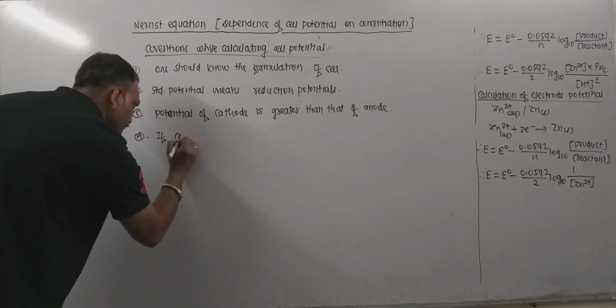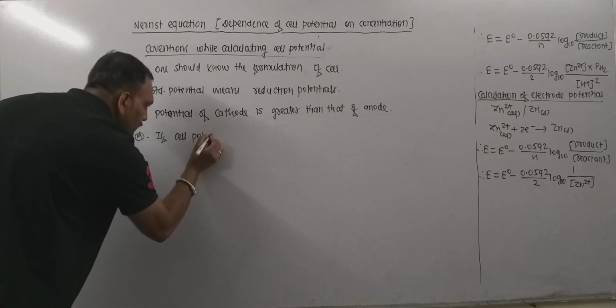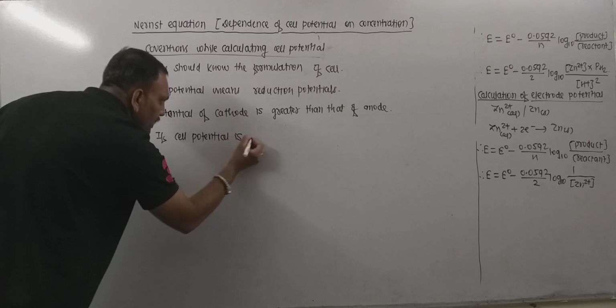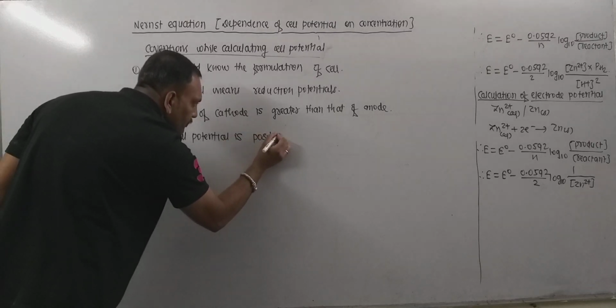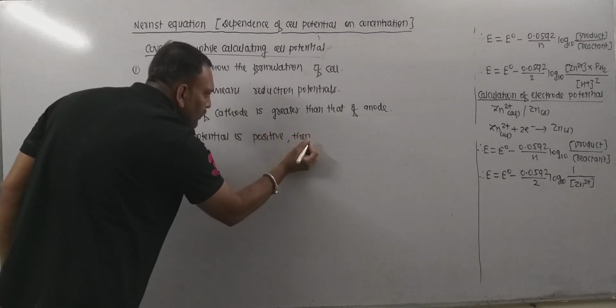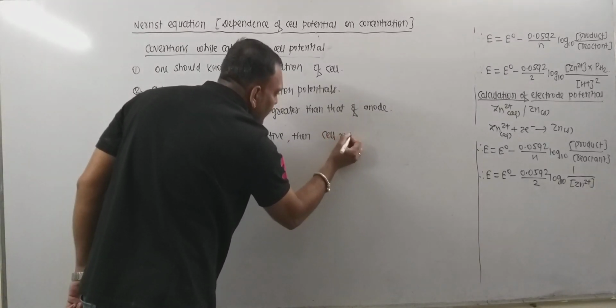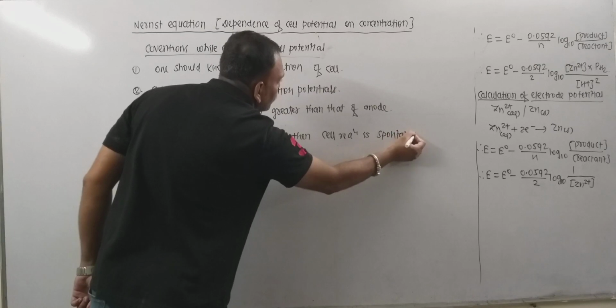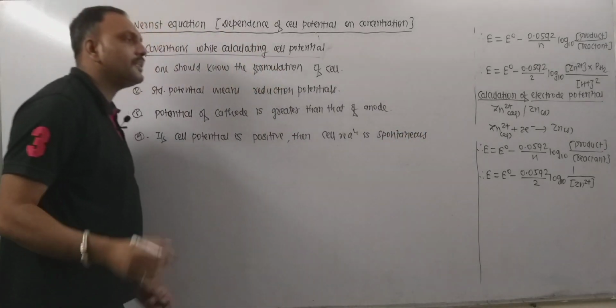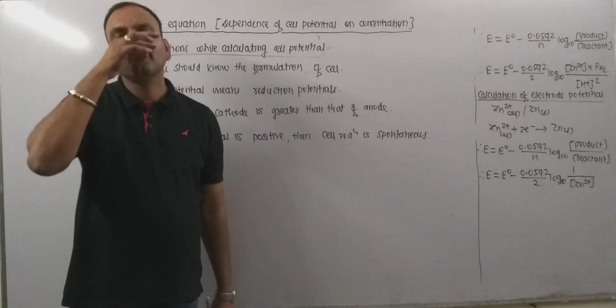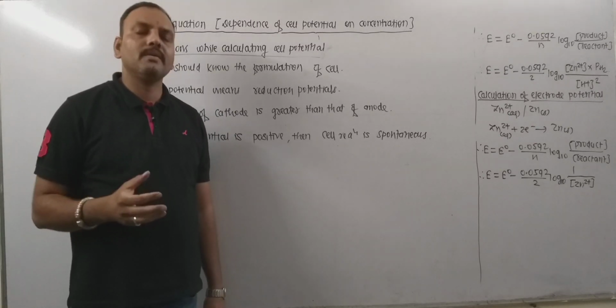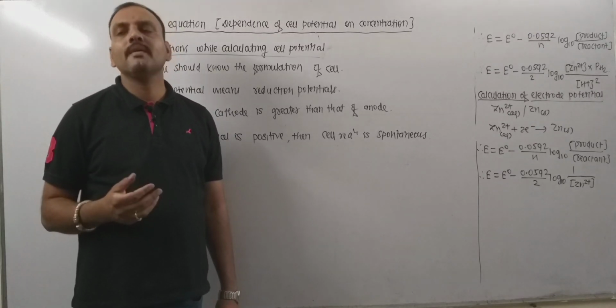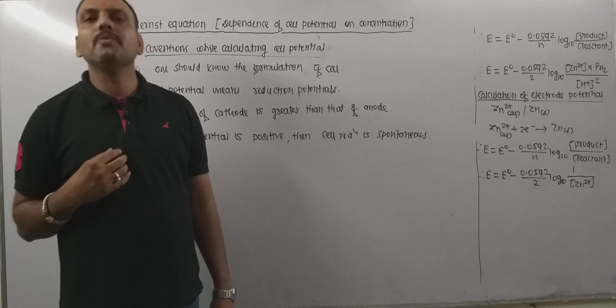So if the cell potential is positive, then the cell reaction is spontaneous. These are the prime conventions to be remembered while calculating the cell potential. Thank you very much.